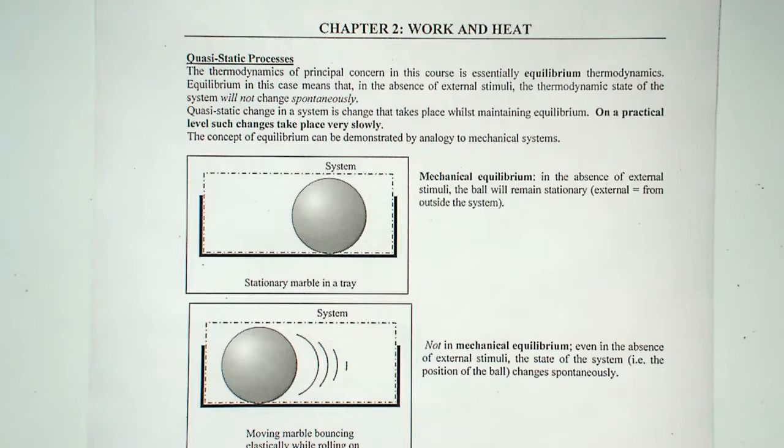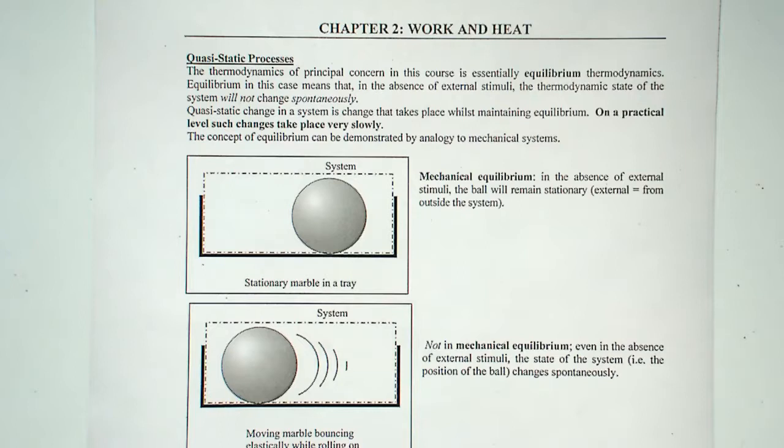Now, static makes sense to you. When something is static, it means there's no movement, there's no change. When we use quasi-static, it defines that it's almost static, if you like. If you just say this is a static process, that means absolutely nothing is changing.